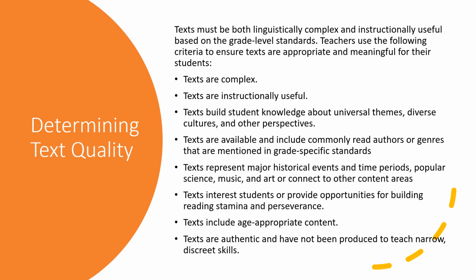It needs to be available and include commonly read authors or genres that are mentioned in grade-specific standards. Then it needs to represent major historical events, time periods, popular science, music, and art that are connected to the content areas. It needs to interest students and provide opportunities for building reading stamina and perseverance. It needs to include age-appropriate content, and it needs to be authentic and not produced to teach narrow, discrete skills.